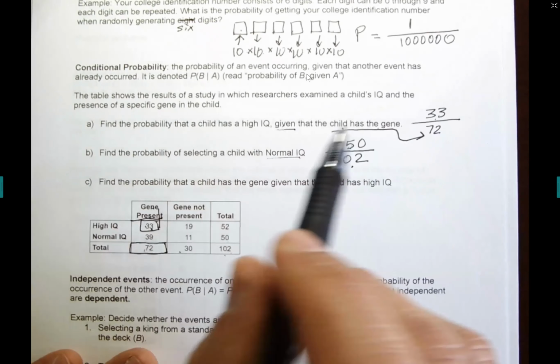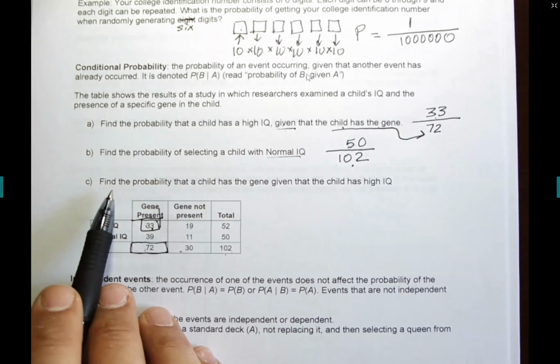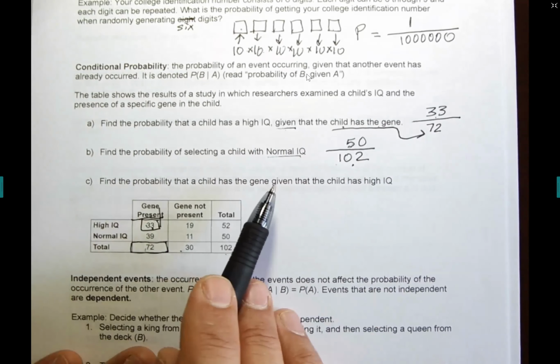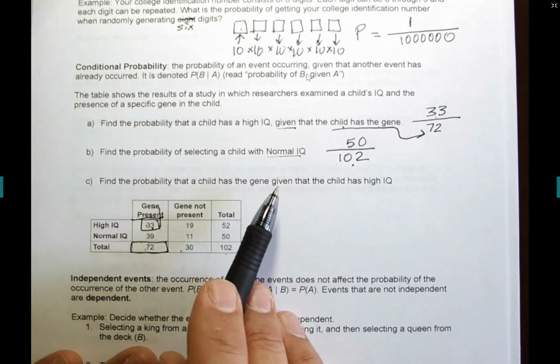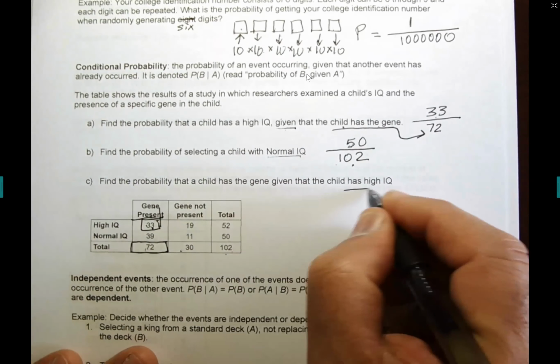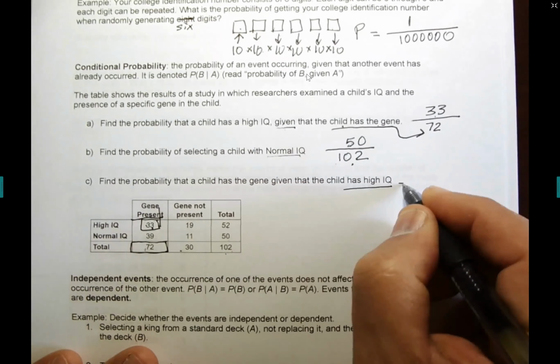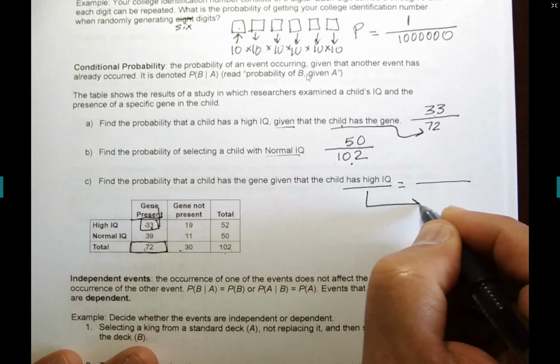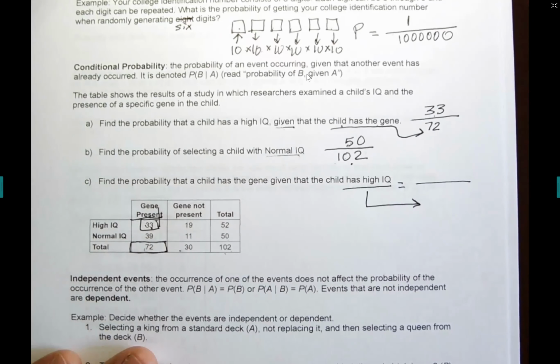So let's look at part C and see what happens here. Find the probability that the child has the gene, given that the child has a high IQ. Okay, so you understand, guys, this has to go here. So what goes in the denominator here?